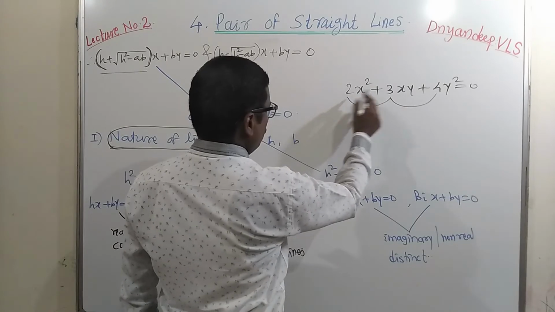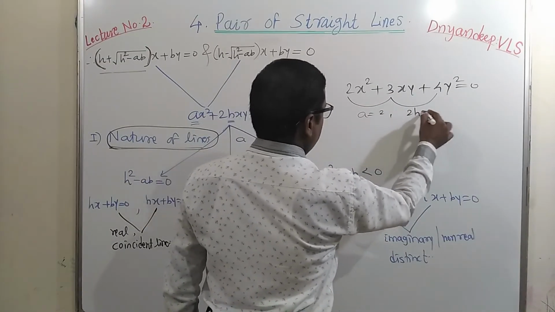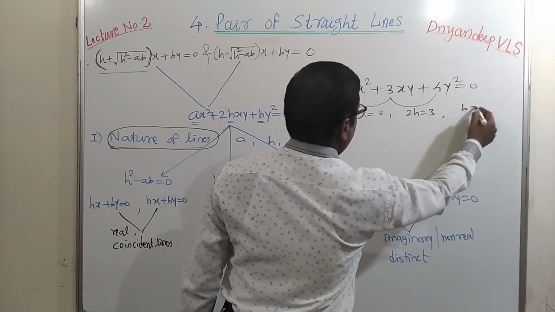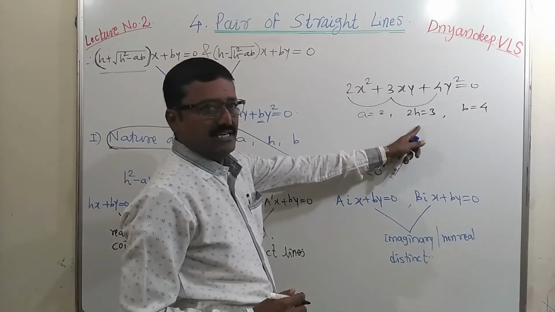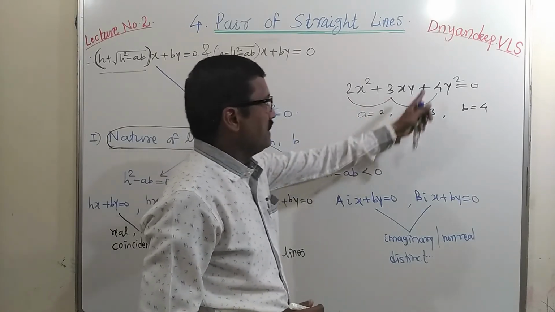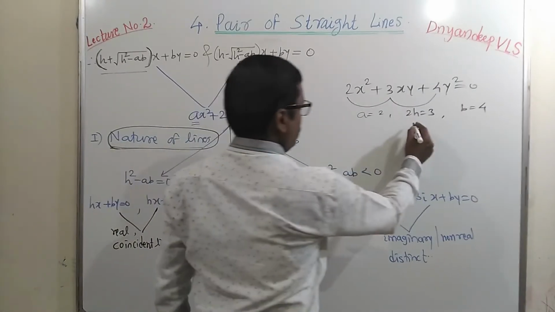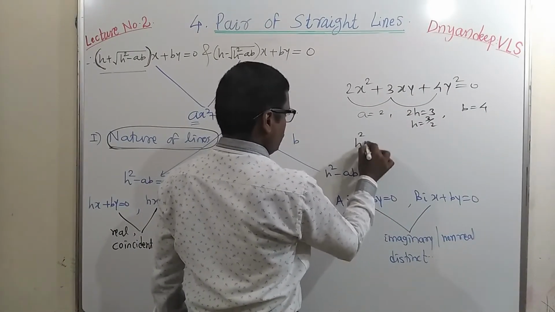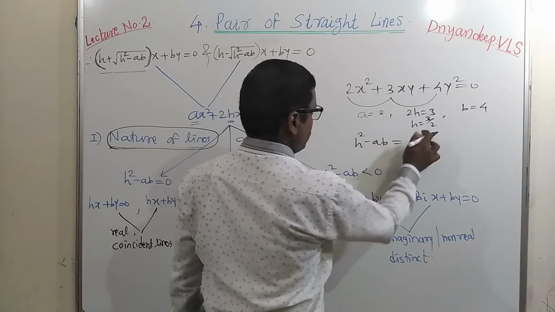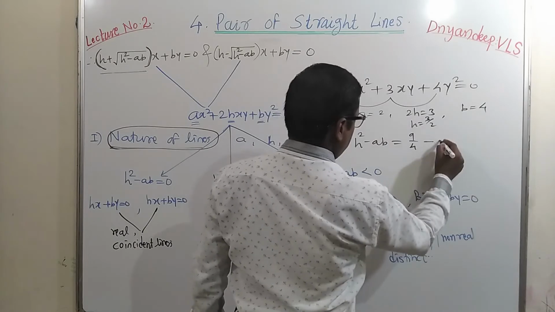Here a is equal to 2, 2h equal to 3 and b equal to 4. Don't forget to take 2 with this h. Here is 2h, so h equal to 3 by 2. Now find the value of h square minus ab. h square is 9 by 4 minus ab, which is 2 into 4, that is 8.